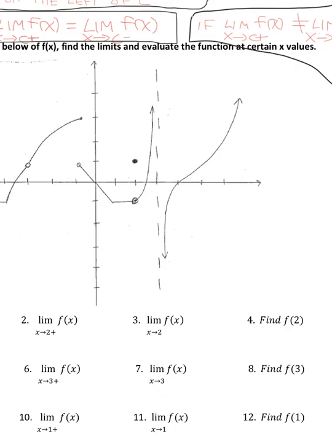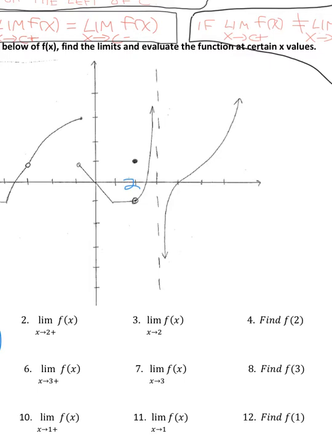So here is where x equals 2. From the left, I just follow this graph from the left, and you can see this is what it approaches. It says what does the y value approach, not what does the y equal, because there's actually a hole right here. This is what it approaches, so it's -1. This is the y value here, -1. So that's the answer for this one, -1.